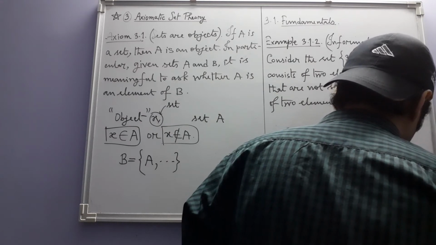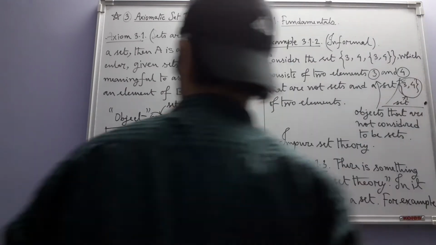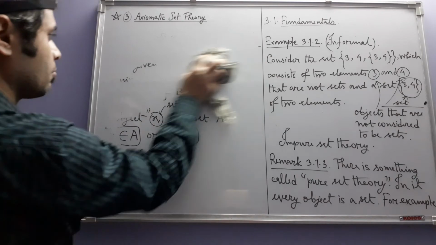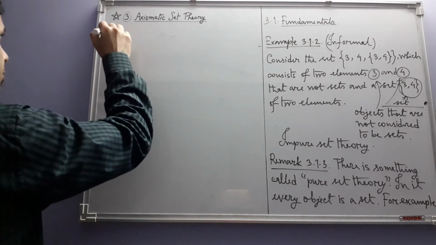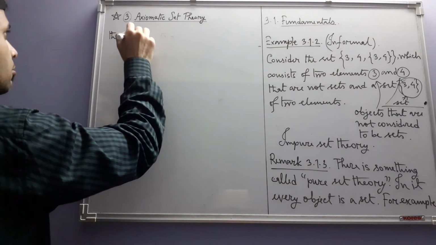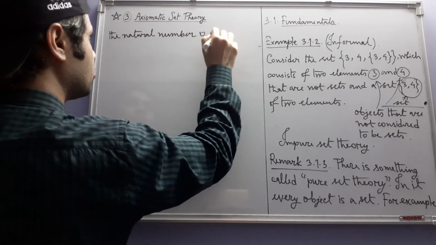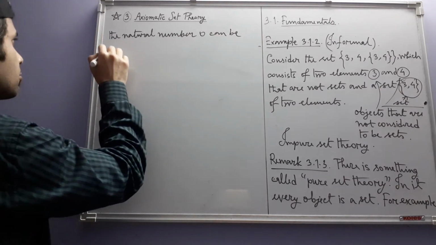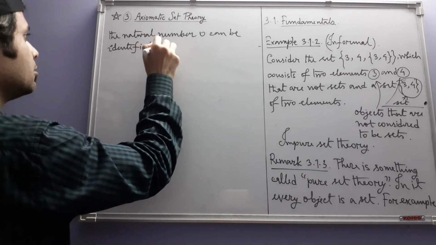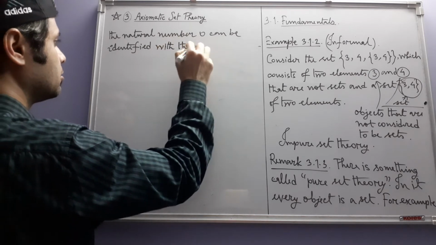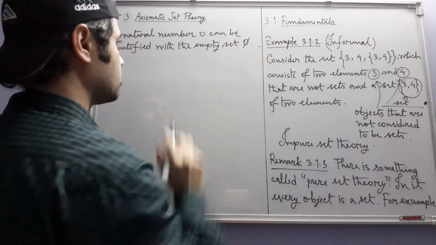For example, the natural number 0 can be identified with the empty set.